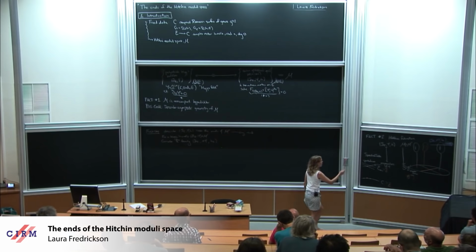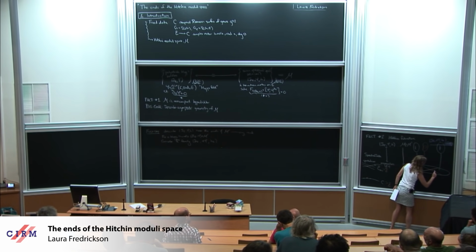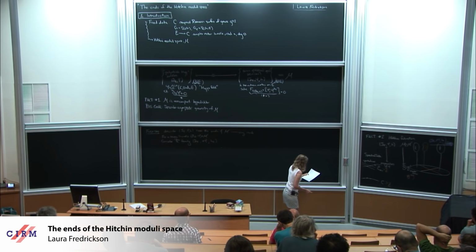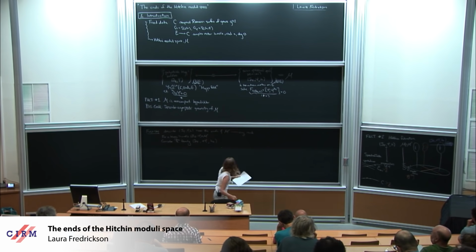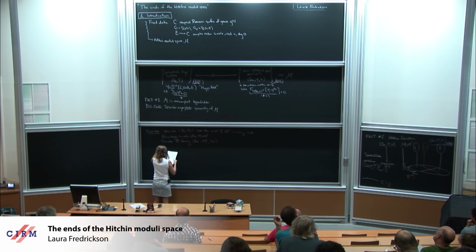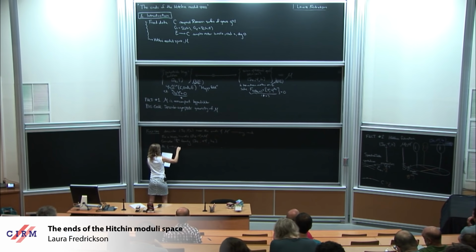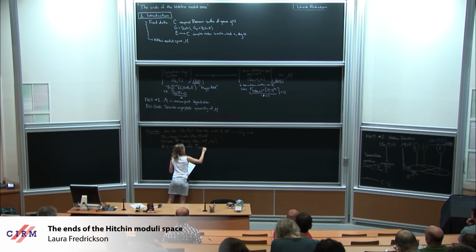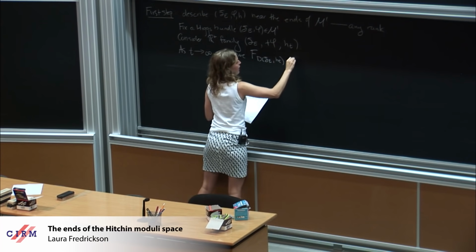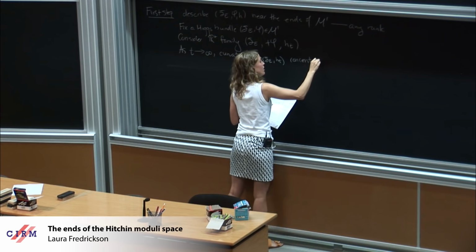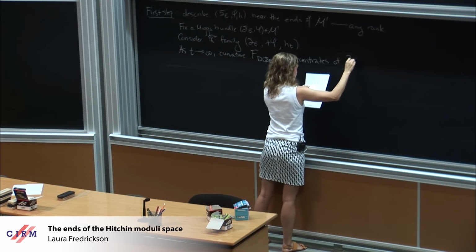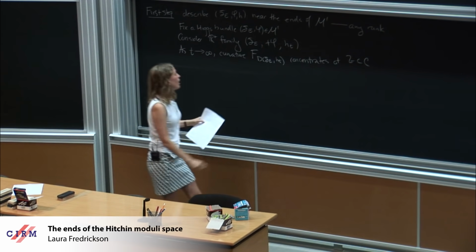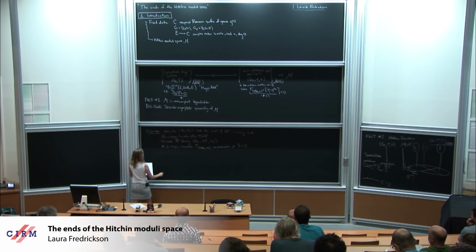This is fibered over some line here. So we're going to consider this family. And what happens at the ends is that as t goes to infinity, the curvature of the Chern connection concentrates at these points, these ramification points. And so you can ask what the limiting metric H infinity looks like.